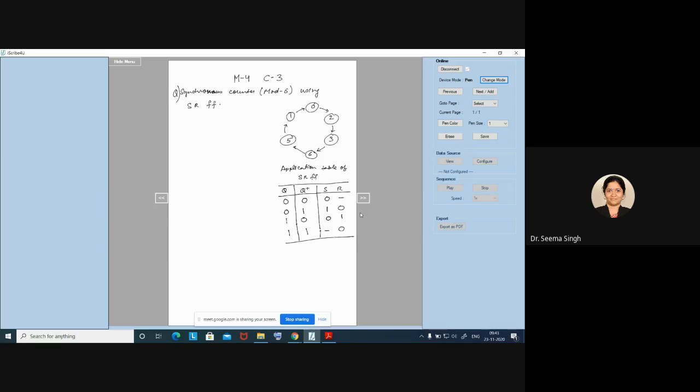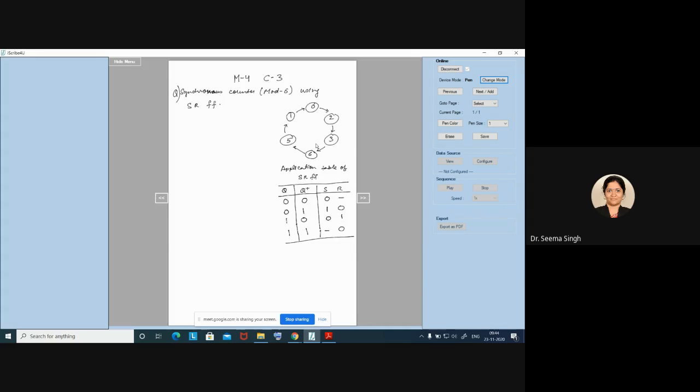Now we have to make our excitation table. The present state and next state will be made from your state diagram, and your flip-flop input will be made using this application table.